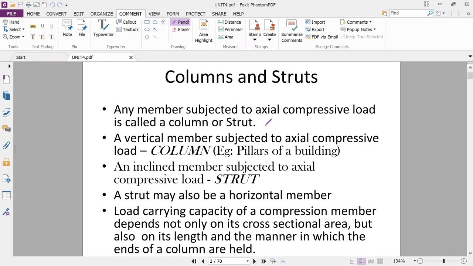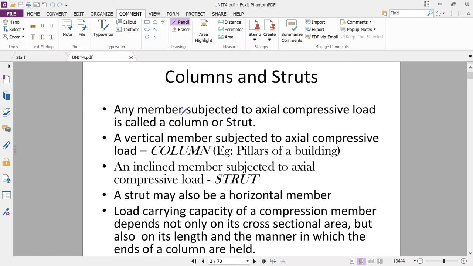In a building or structure, there are various types of forces acting. It may be a tensile force or a compressive force. The member responsible for taking that particular compressive load is called a column.